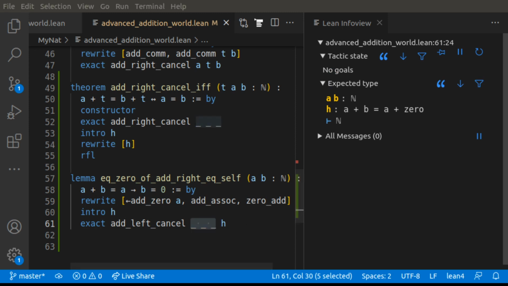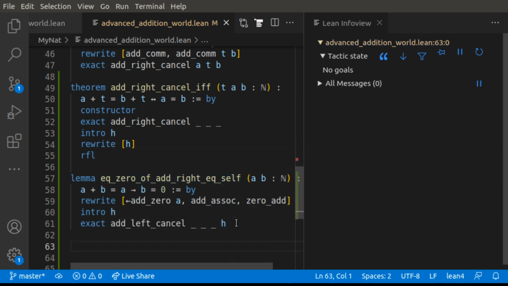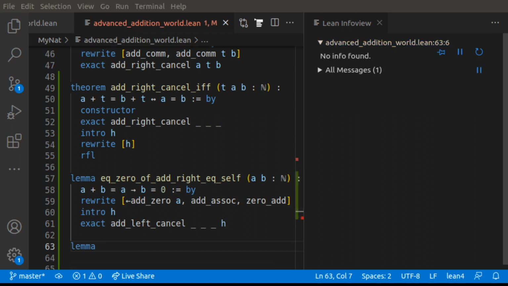Now we're going to prove successor does not equal 0. This is the last axiom of Peano arithmetic. So lemma, what's the previous one? I'll just call this a theorem.